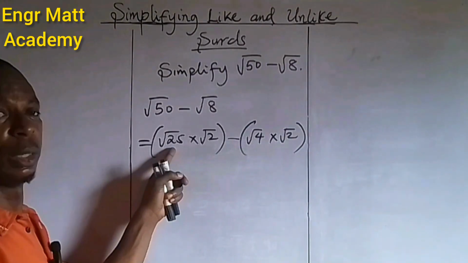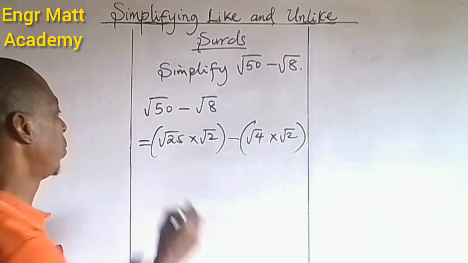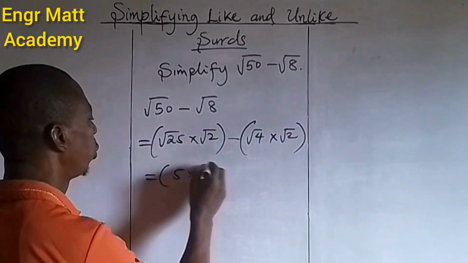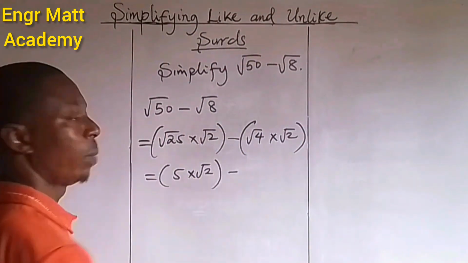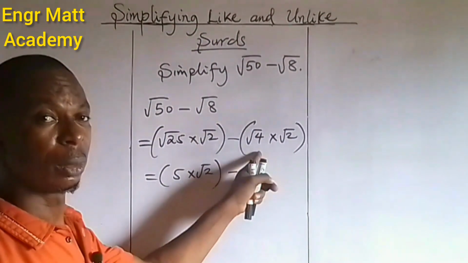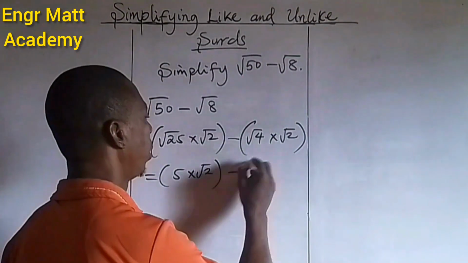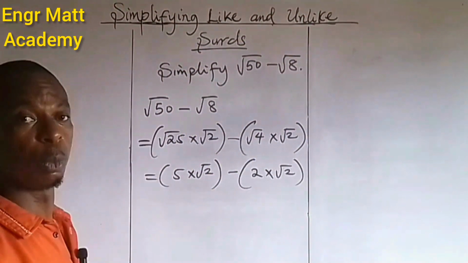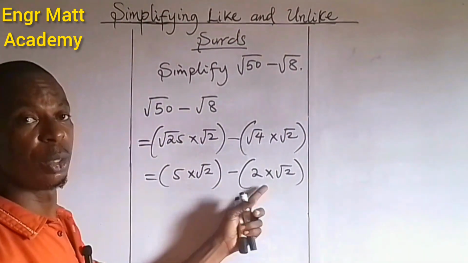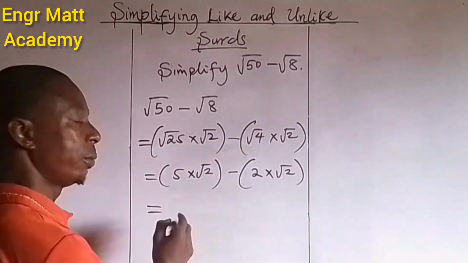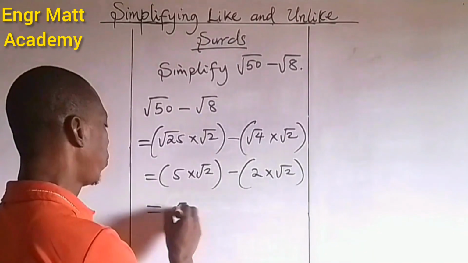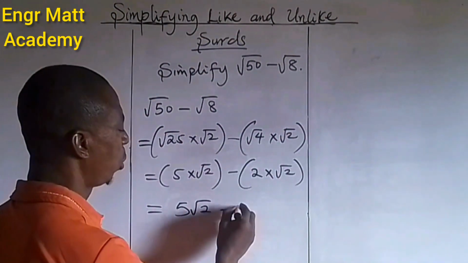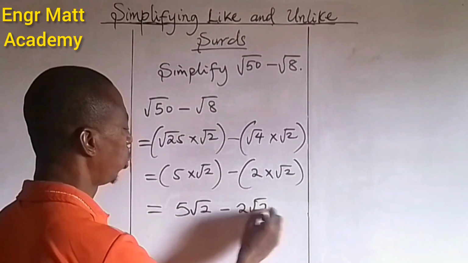Now, what is root 25? Square root of 25. That will give us 5 times root 2 minus, what is root 4? That is square root of 4, 2 times root 2. Now we multiply the terms in each bracket. We now have 5 times root 2, 5 root 2 minus 2 times root 2, 2 root 2.